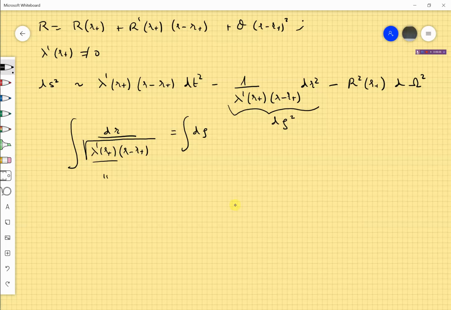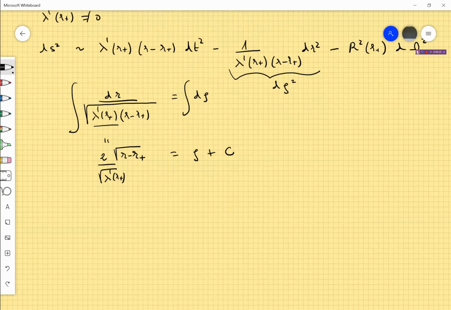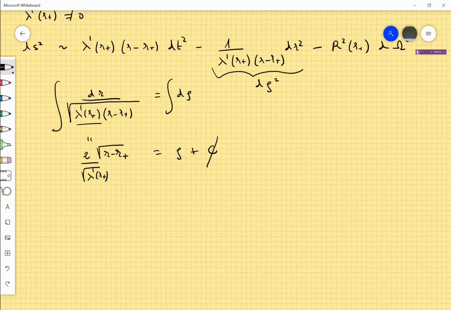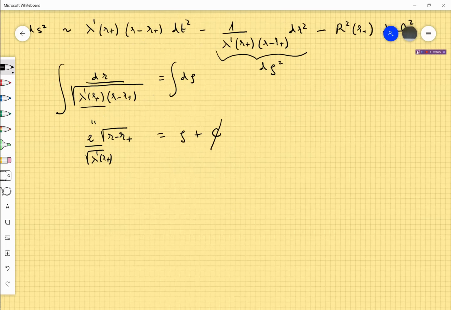So the integral of this gives you 2 times the square root of (r minus r plus), divided by the square root of lambda prime of r plus, which is a constant, and this is rho plus some constant. I'm going to choose this constant equal to 0, because I am not going to worry about the asymptotics, because I am approximating the metric near the horizon. So this approximated metric near the horizon does not need to be asymptotically flat.